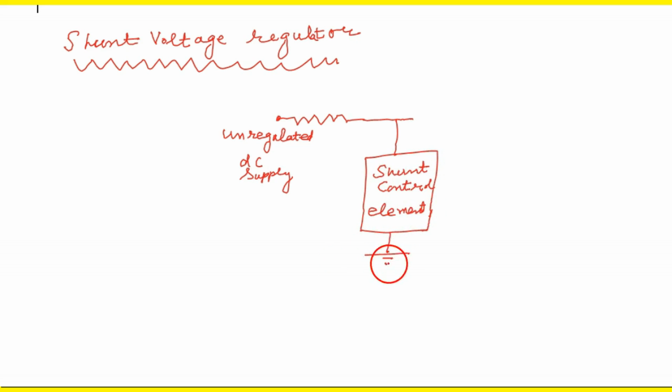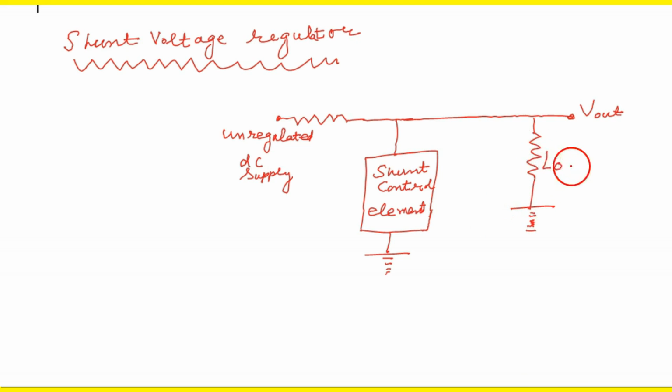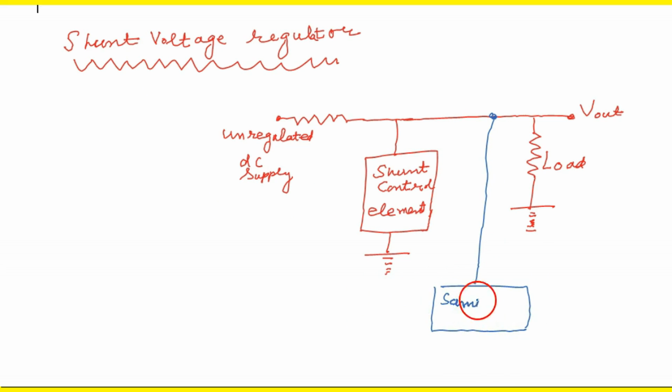It is called shunt because it comes in parallel with the load. Here is the output voltage and this is the load, and the shunt control element is in parallel with the load. That's why it is called shunt.